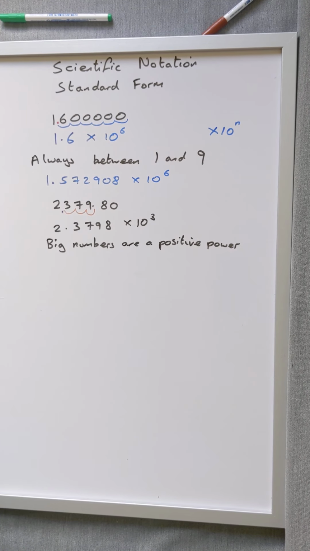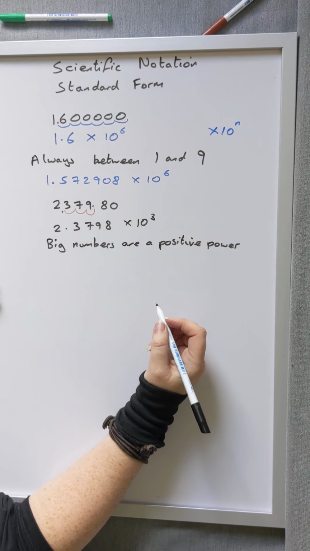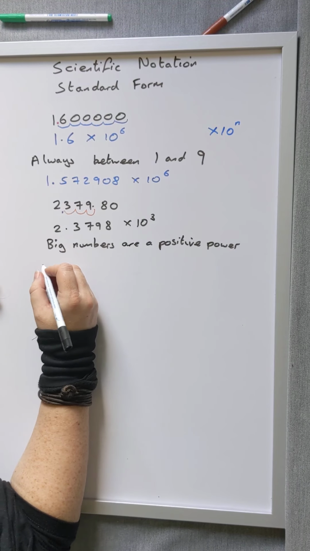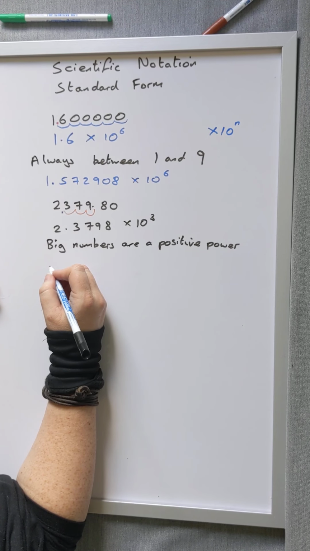It's easier to write it in standard form and scientific notation than it is to write out the whole big number repeatedly time after time. The same with small numbers. So in biology, for example, you could be looking at the size of an electron within an atom. It might be tiny.